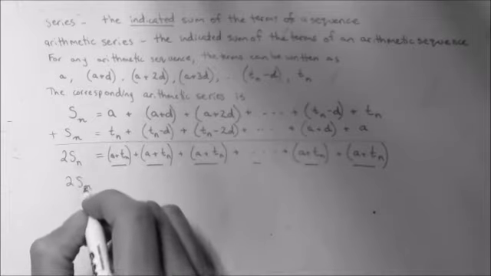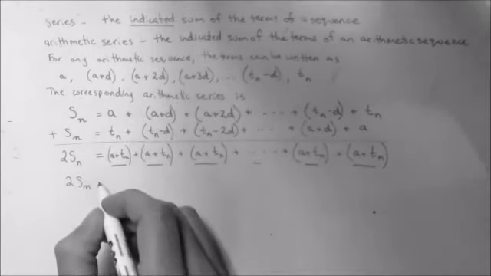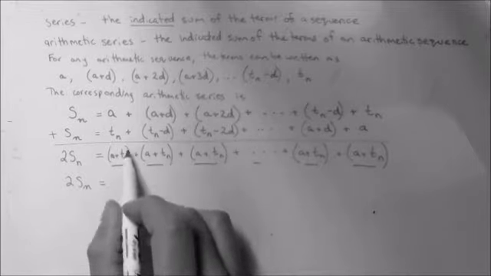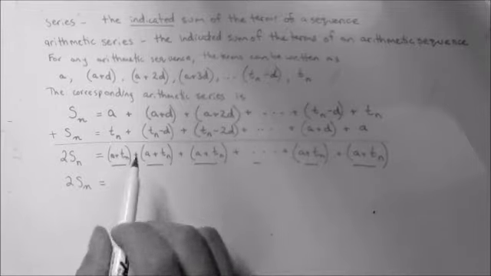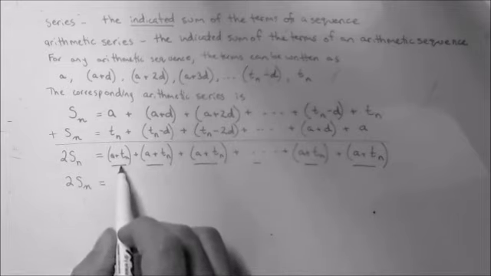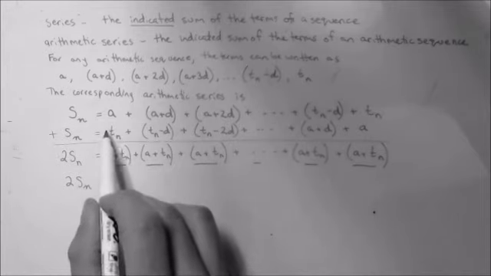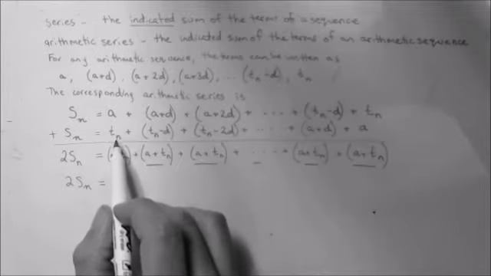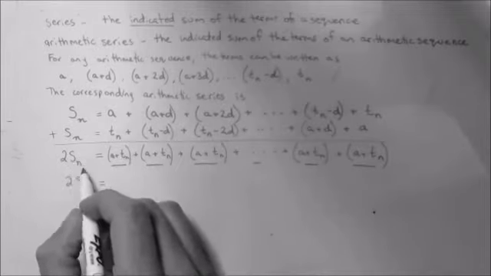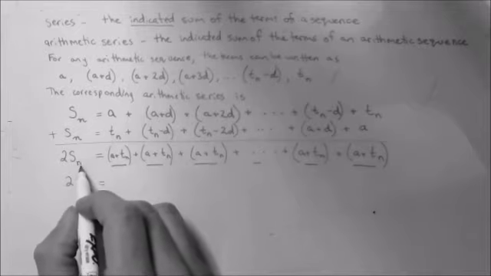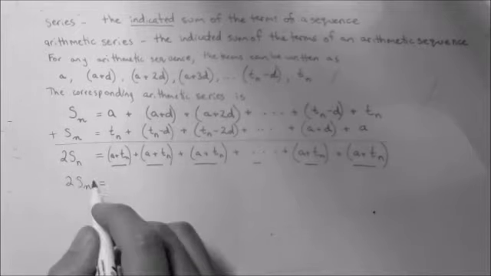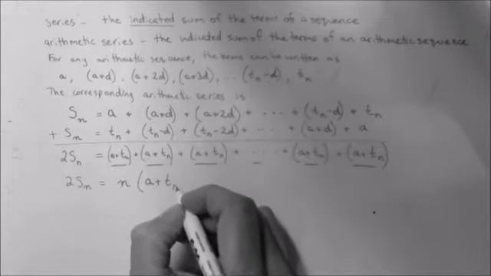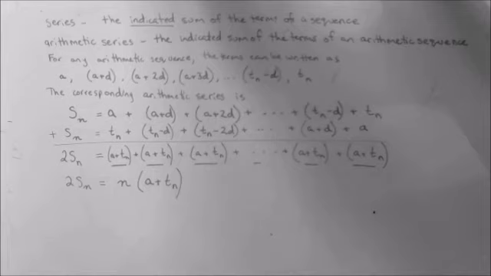On the left side here, we still have 2 times the series. And on the right, how many factors would there be for this binomial? If t sub n is the last term, then we have n terms. Or you could look at it this way: the series includes the first n terms of the sequence. So we have a plus t sub n, n times.